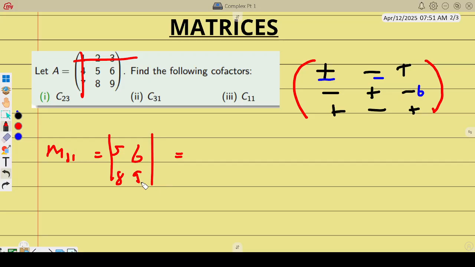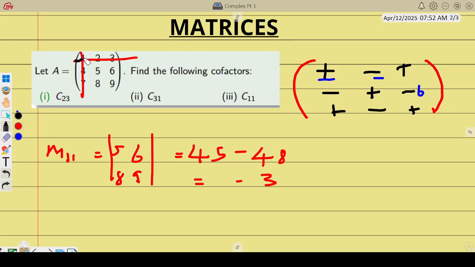We're going to have 9 times 5, 45, and then 8 times 6 is 48. So this is negative 3. And then what is the position here?